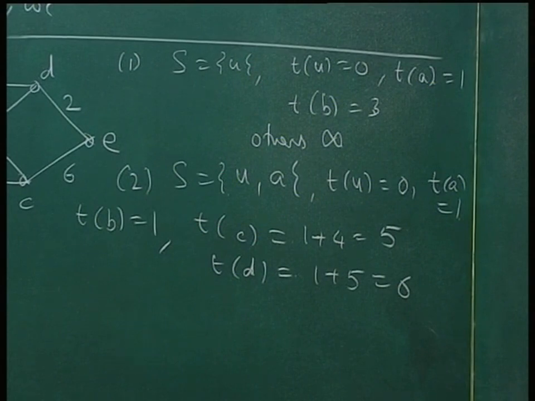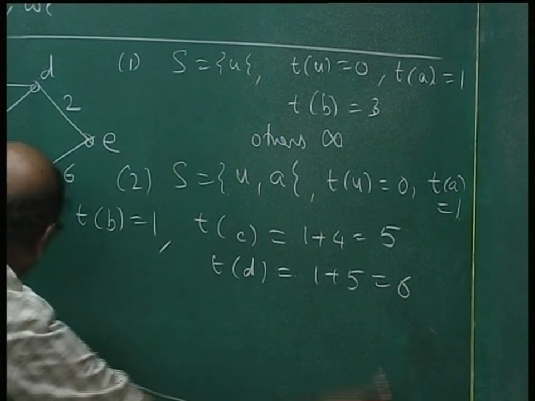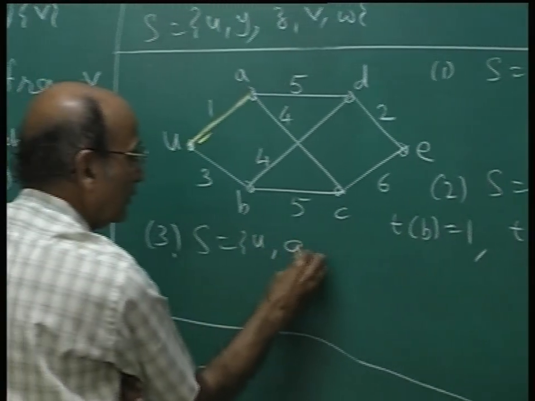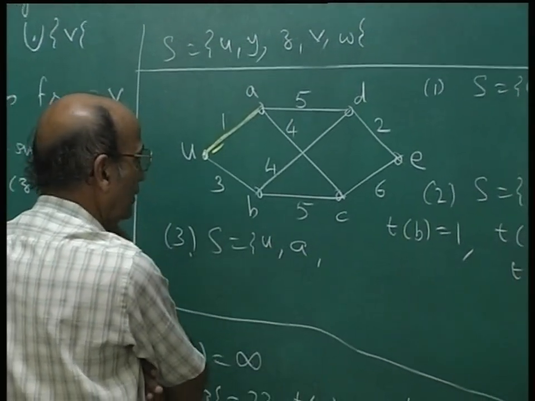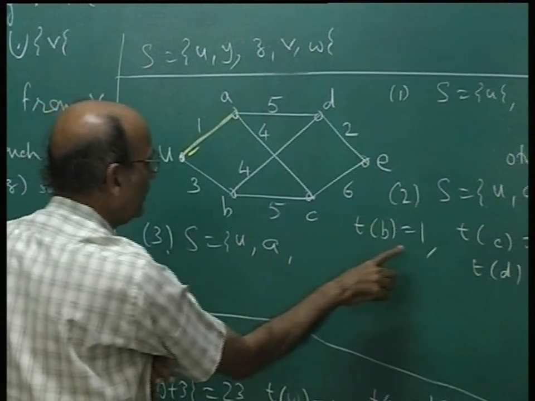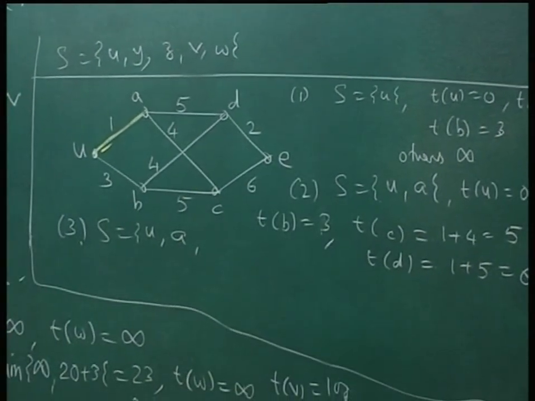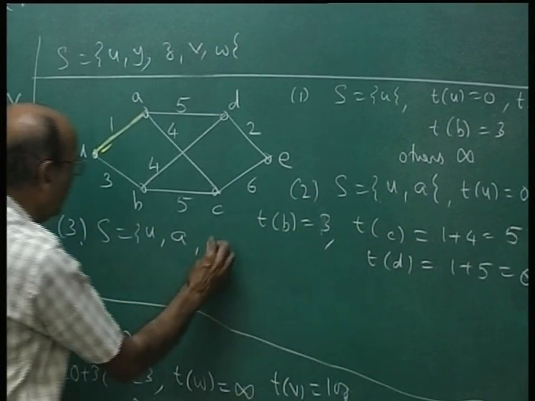At step number 3, what should be added? T of B should be 3, I'm sorry. So B should be added.